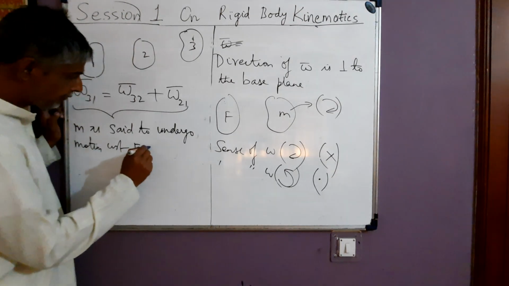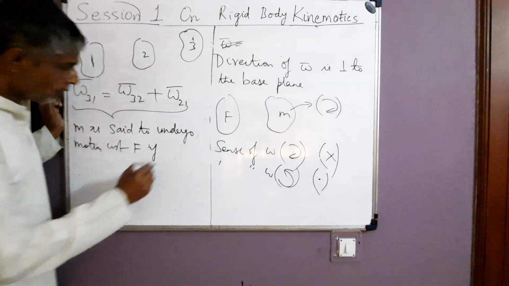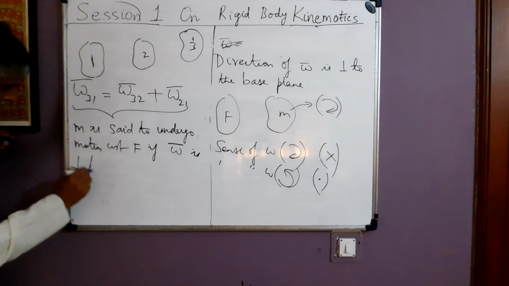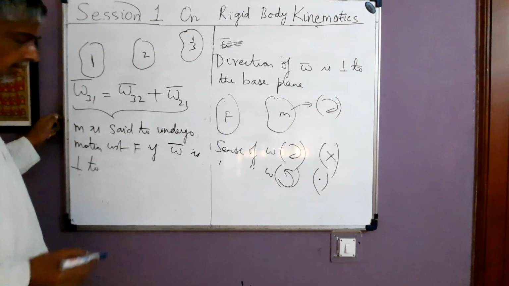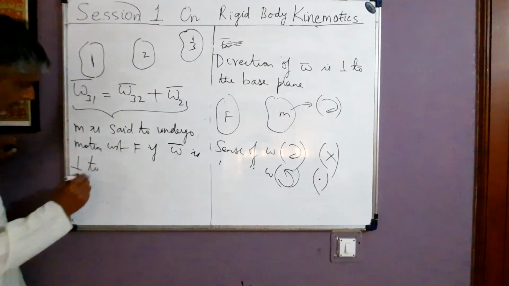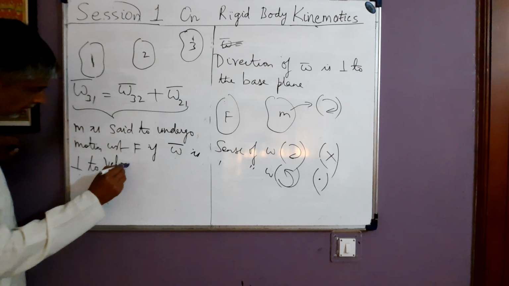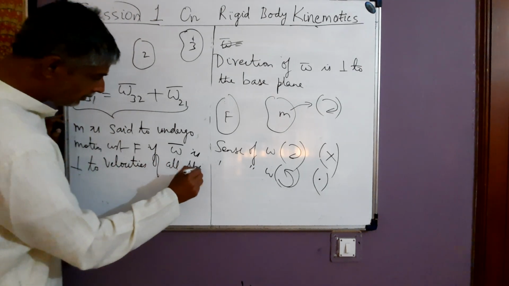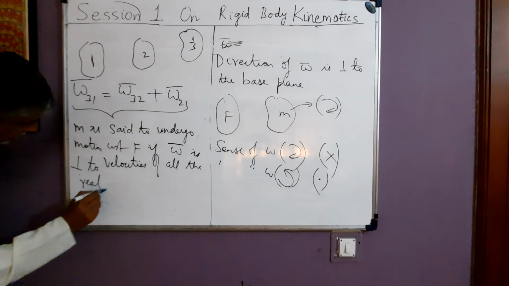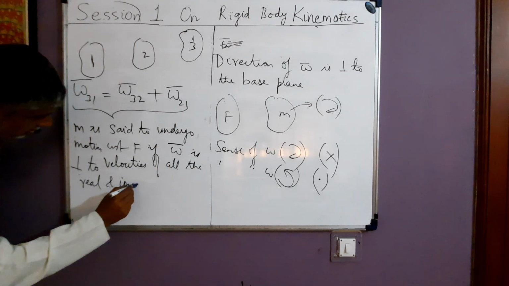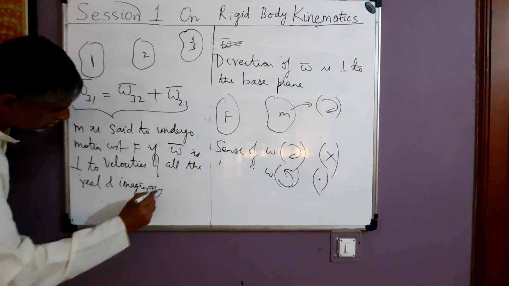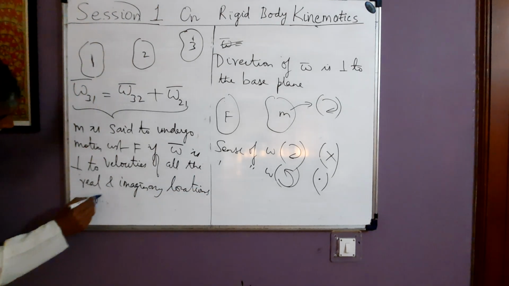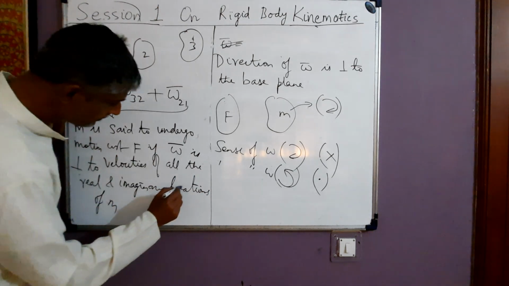Okay, if omega of m with respect to f is perpendicular to velocities of all the real and imaginary locations of m.